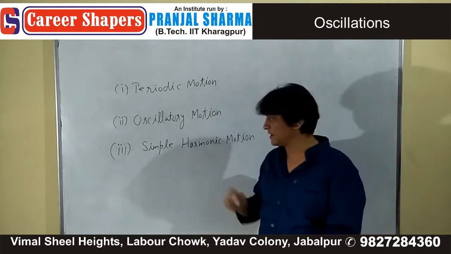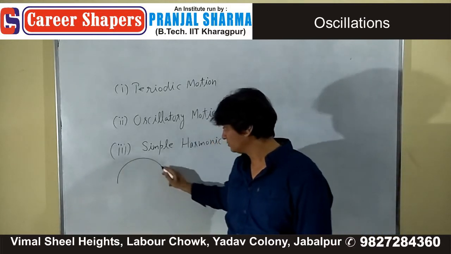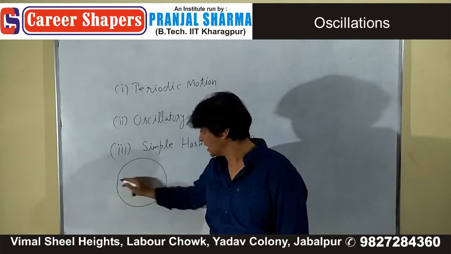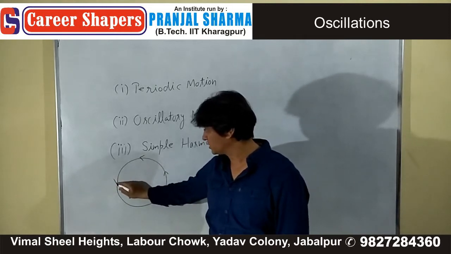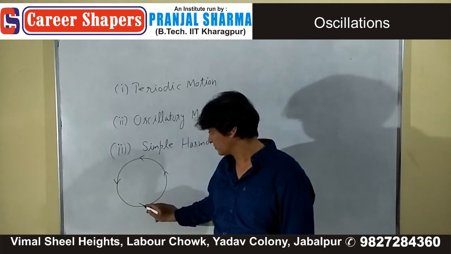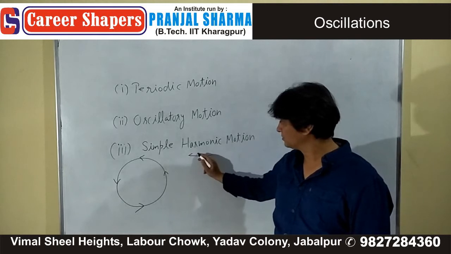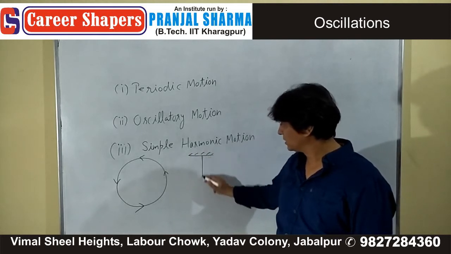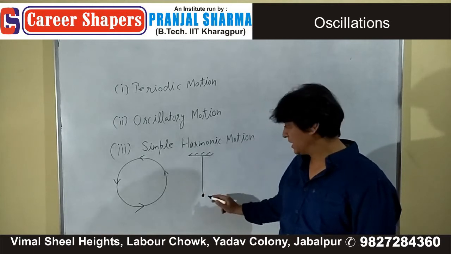Now, look at the difference between circular motion and a simple pendulum. If something is moving in a circular path, then it's like this. Whereas if you look at a simple pendulum, this is the ball.